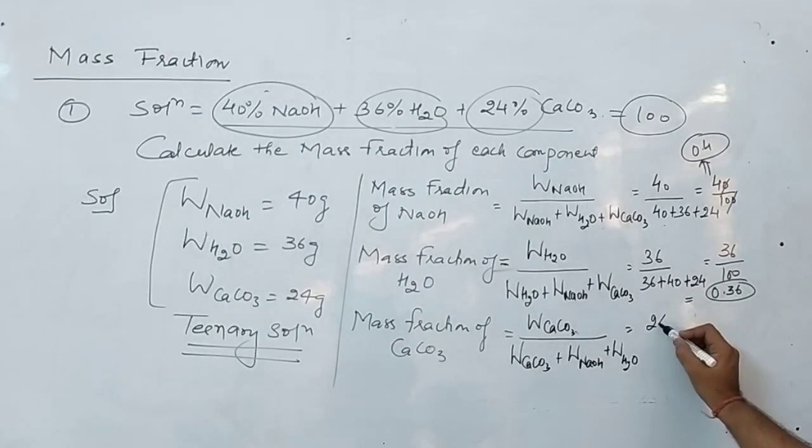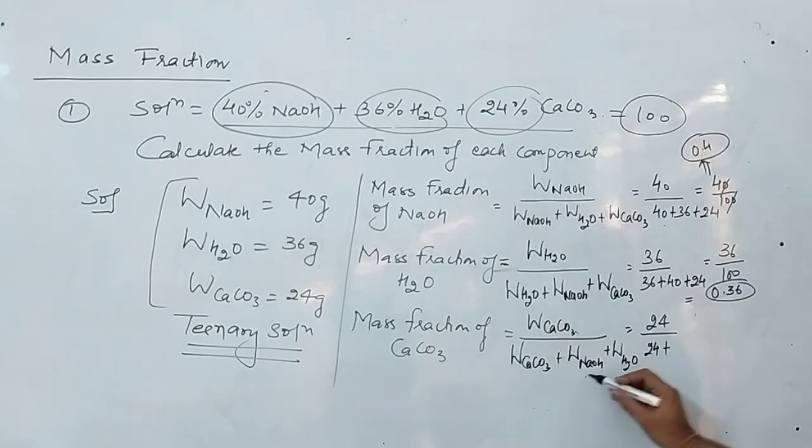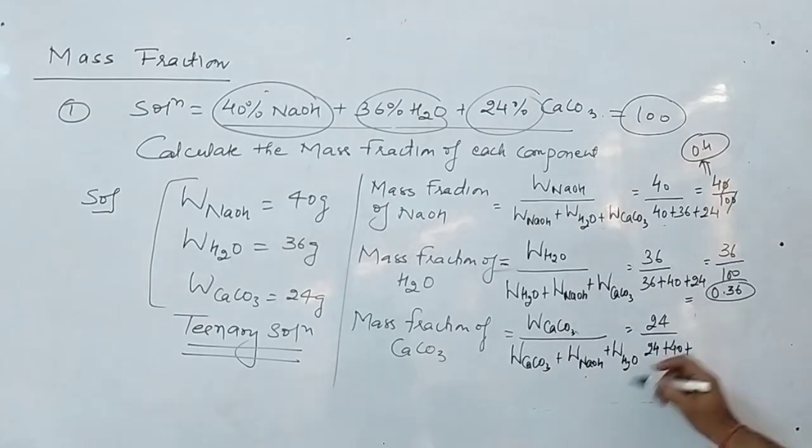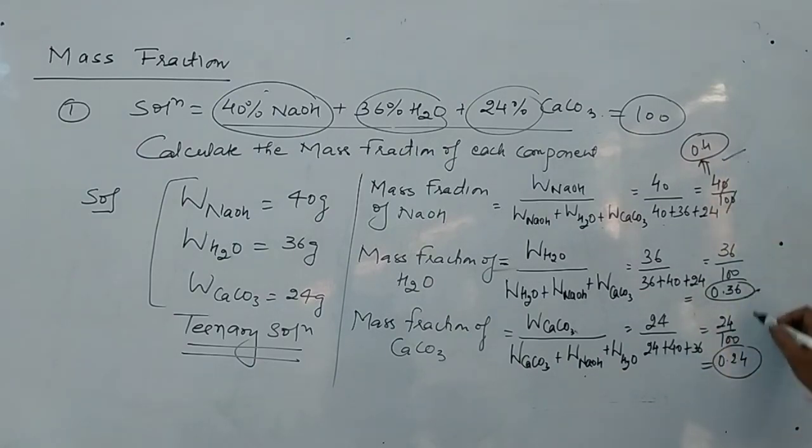CaCO3 is 24 grams upon mass of CaCO3 24 plus NaOH 40 plus water 36. This will be 24 upon 100, that is 0.24. 1, 2 and 3.